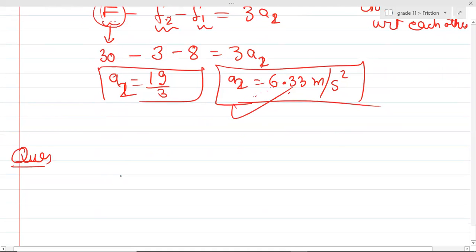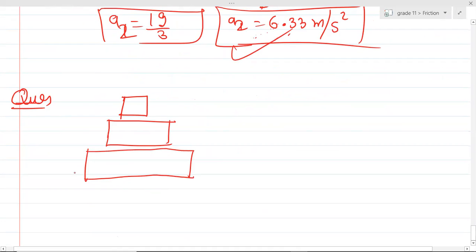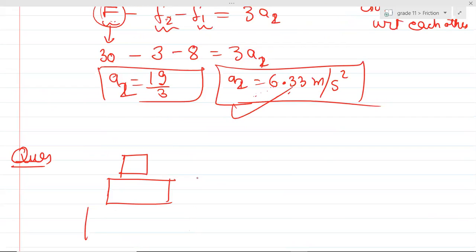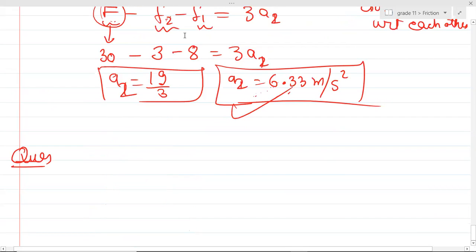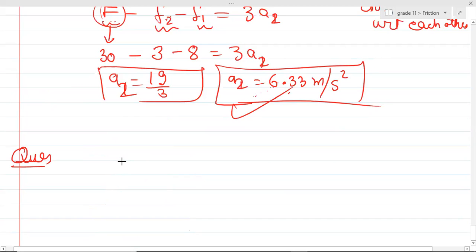In the question, there are 3 blocks which are placed one by one, not over each other, on a smooth horizontal ground. Instead of drawing this, let me draw it using the tools. So basically, this is one block.